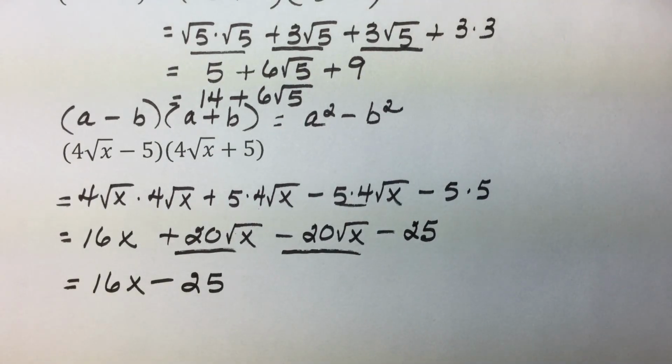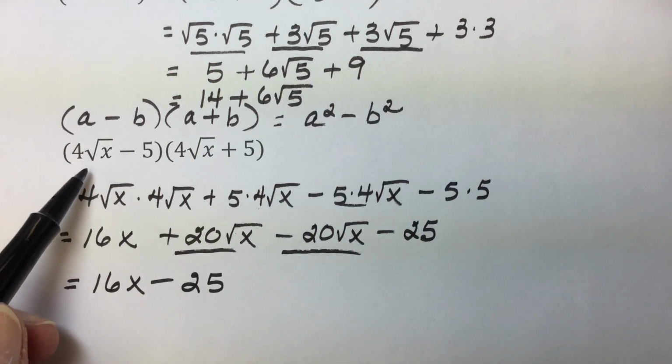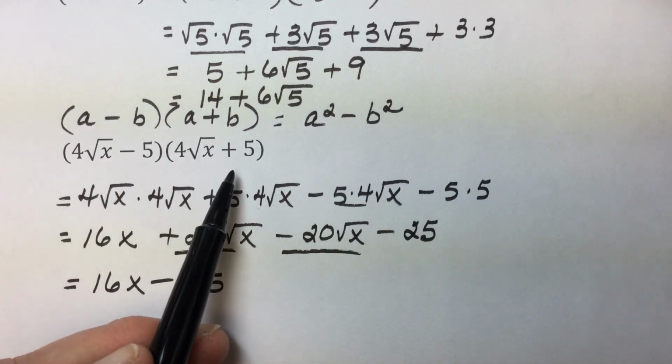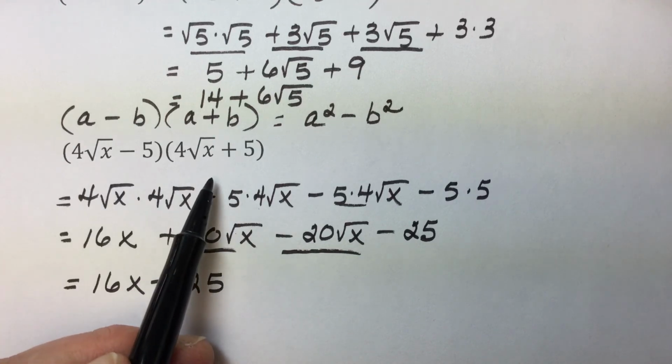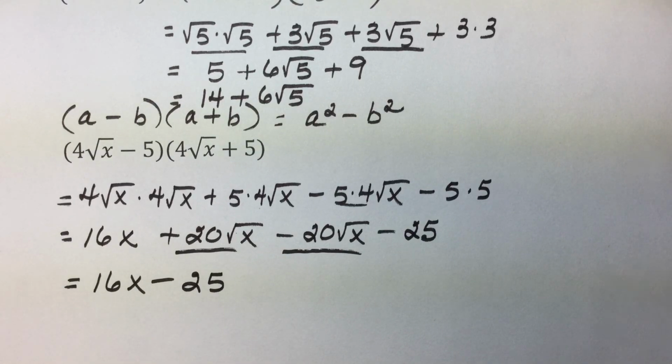It should be noted that when we have a radical expression in this form times its opposite, in other words, conjugate pairs multiplied together, our result no longer has a radical in it, and that's something that we'll use when we look at division of radicals.